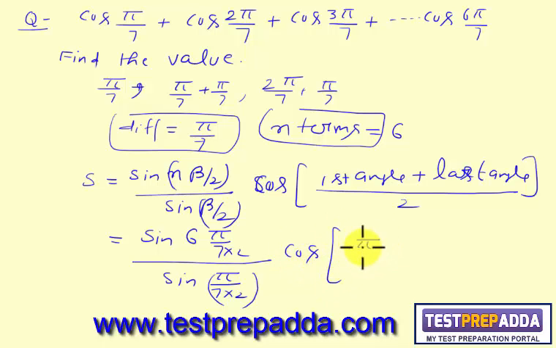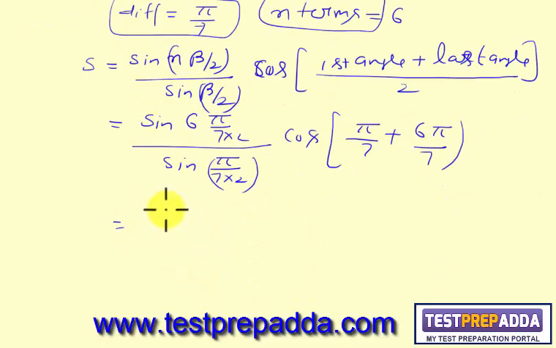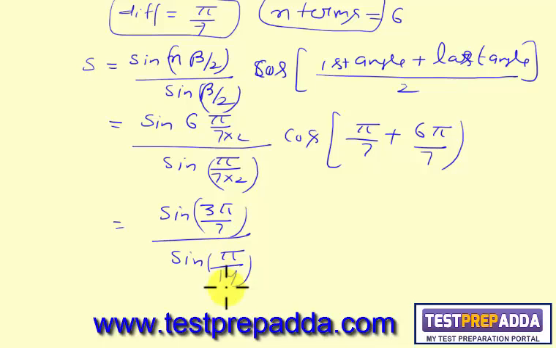First angle is pi by 7, last angle is 6 pi by 7, and if you solve it, what comes? First of all, sine 3 pi by 7 upon sine pi by 14 here, and here it becomes cos what?